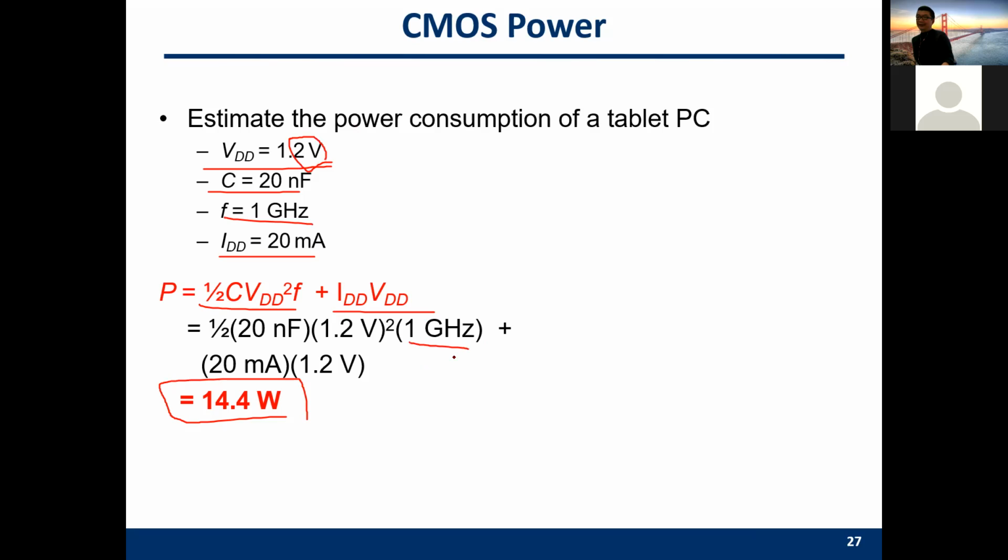For example, this 1G is actually 1 multiplied by 10 to the 9 hertz. This nF, nano F, is 20 multiplied by 10 to the minus 1. After you unify all the units here, you can get this value. Any question?